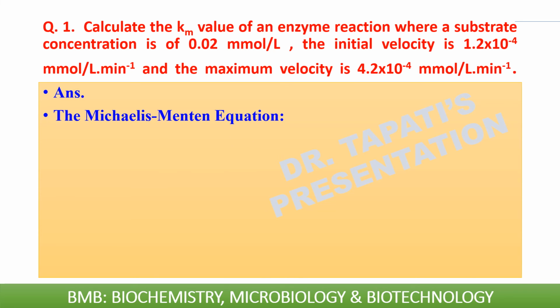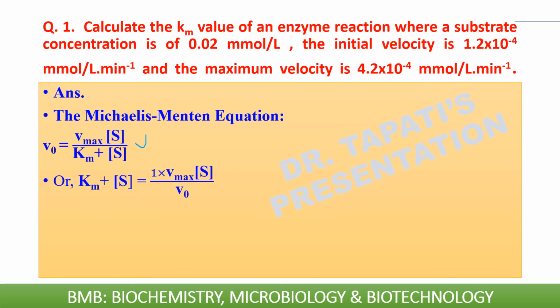As we know, the Michaelis-Menten equation is V0 = Vmax × [S] / (Km + [S]). Or we can write this equation as Km + [S] = Vmax × [S] / V0. We have to calculate the Km value.